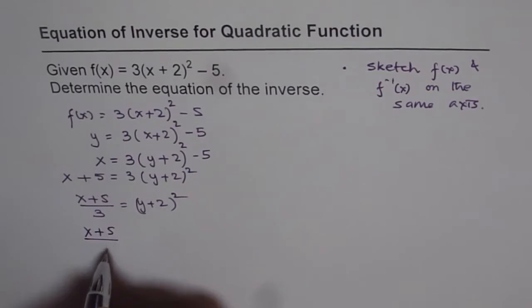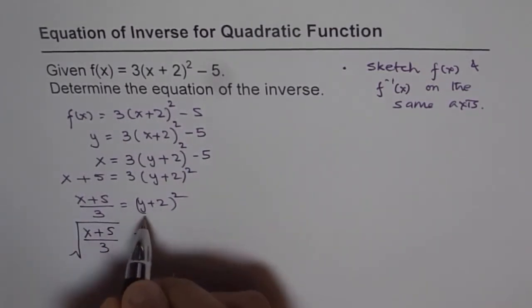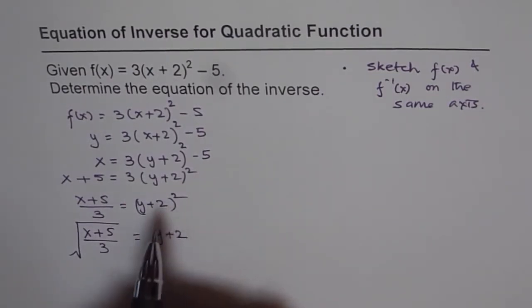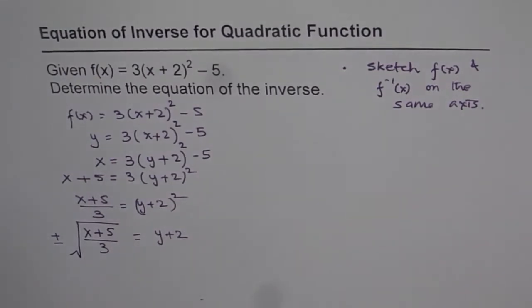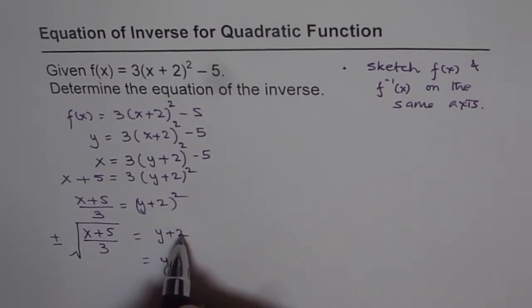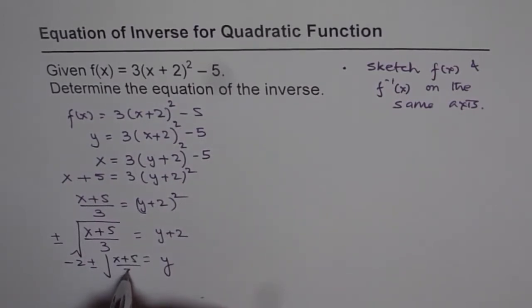So we get square root of (x plus 5) over 3, and then if you do square root of a square you get y plus 2. But remember, whenever you do square root you have to write plus and minus, right? Because both are your answers. Now you can isolate y and we get y equals to, we'll bring 2 to this side, minus 2 plus or minus square root of (x plus 5) over 3.